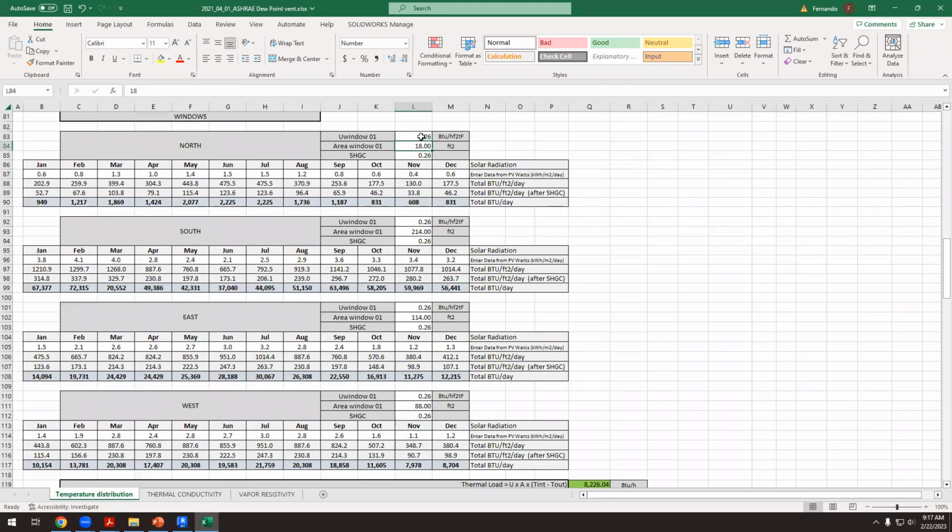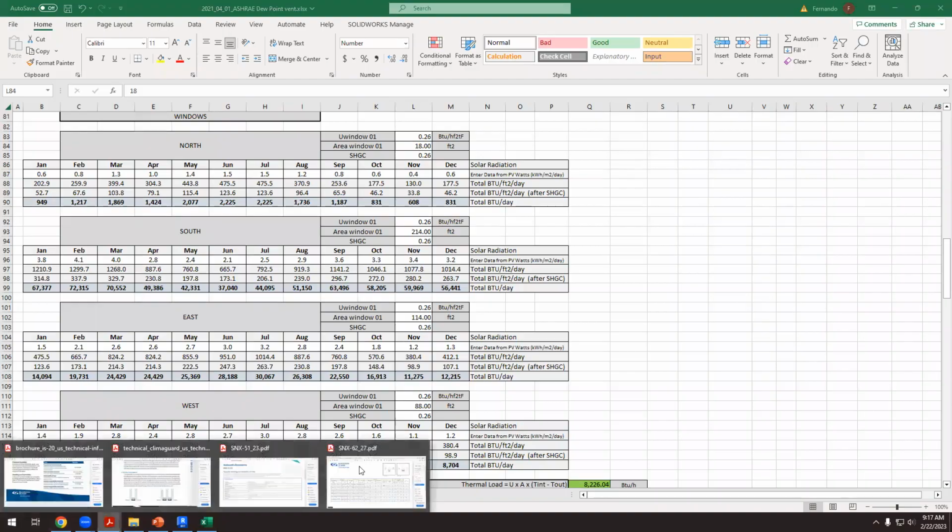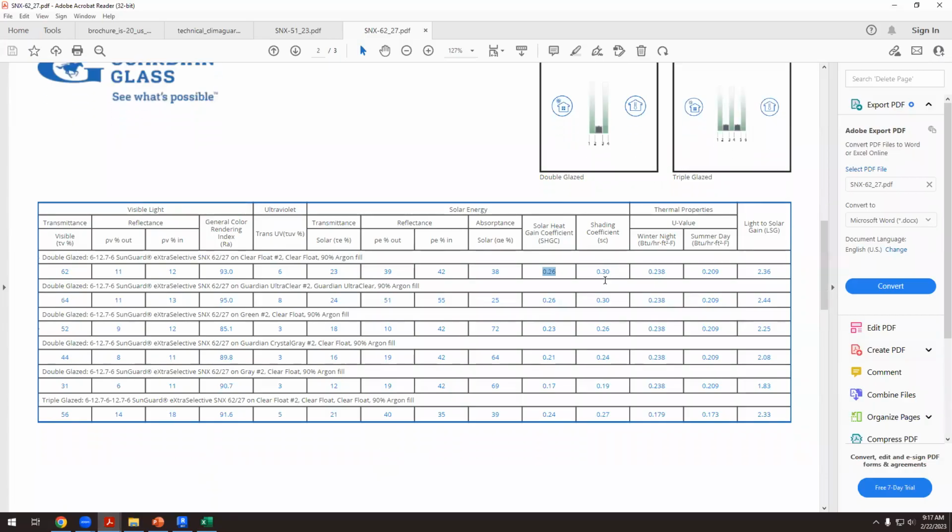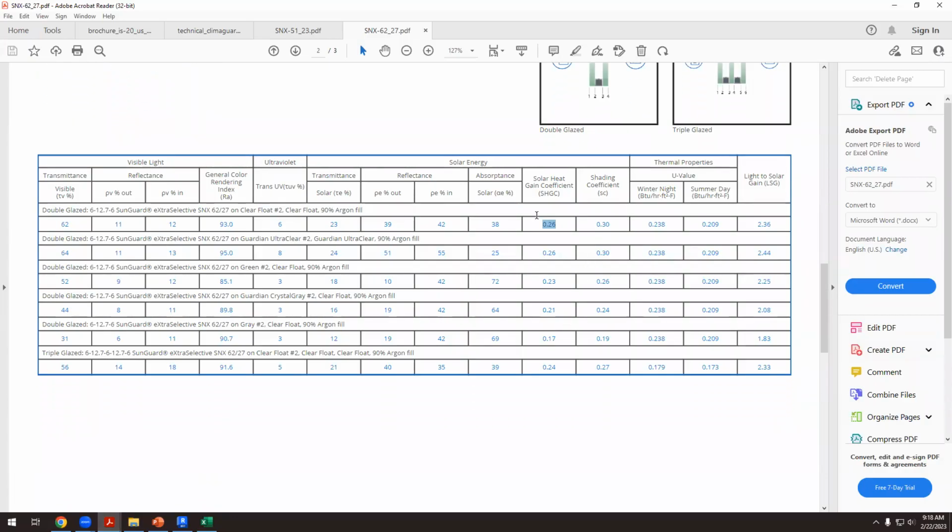Is there something I can do to improve the window performance? I can go to the catalog, and the lower the U value, the better. Okay, so I have found this one 0.23, but we can have up to 0.17.